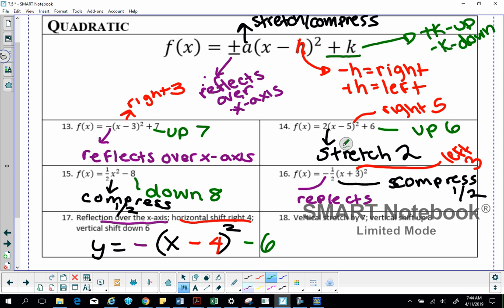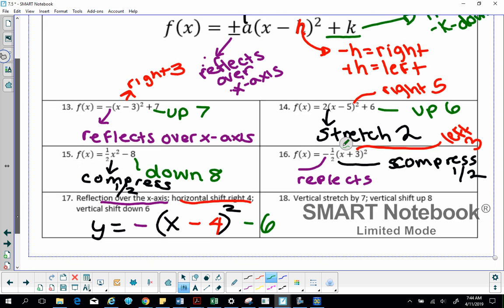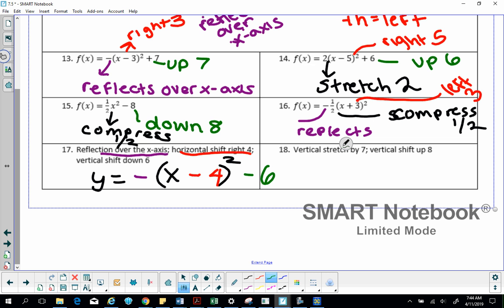And then the last one. So we have a vertical stretch of 7 and up 8. So here's my x. There's no left and right, so I'm just going to put x squared. And if that's a stretch of 7, Tyree, where do I put that?